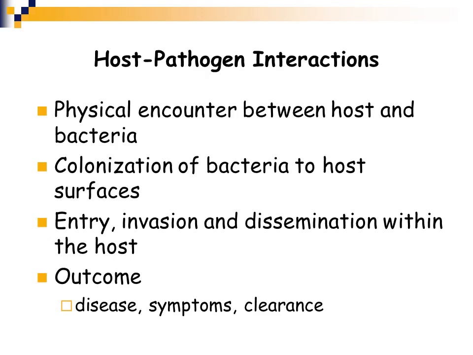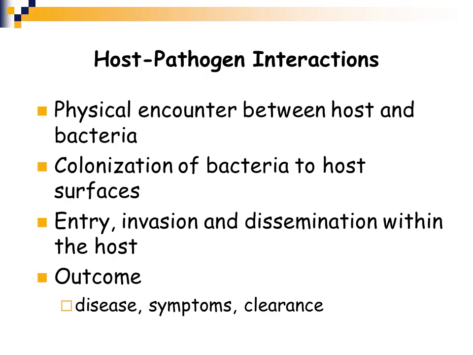It would then need to enter the host, invade the host cells, disseminate throughout the host, and then cause some sort of outcome. The outcome can be symptoms such as a fever. It could be a disease such as tetanus, or we can just clear that organism. Our immune systems can come in and get rid of that organism, and we didn't even know that we had this interaction.